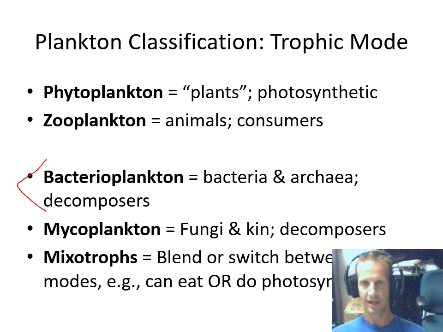Bacterioplankton are small prokaryotes, both bacteria and archaea, which is actually a separate domain of life from bacteria, but they're similar in that they're very tiny cells, and they're generally decomposers. So they don't eat in the traditional sense, but they sort of colonize the surface of detrital particles and break them down, or they'll absorb dissolved organic matter from the water around them as their way of getting food.